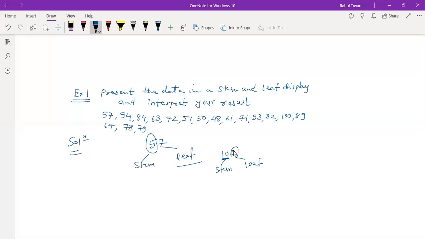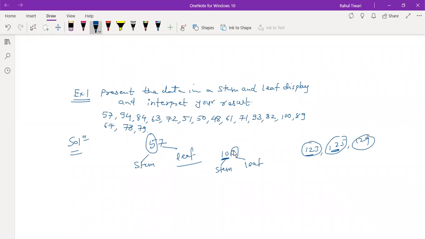So it is based on the data. Suppose I have 123, 125, 129. So 12 will be my stem and the last digits are all my leaves. So it is based on the problem whether it is 2 digits or 3 digits or 1 digit.